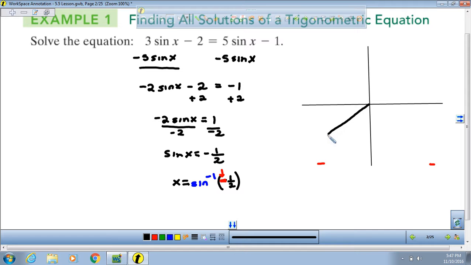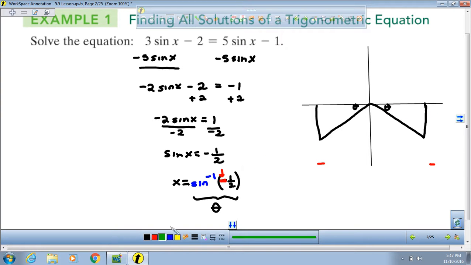So that means that we're going to have 2 triangles. We need to find that angle theta, either in quadrant 3 or in quadrant 4, for which the value of the sine is going to be negative 1/2.